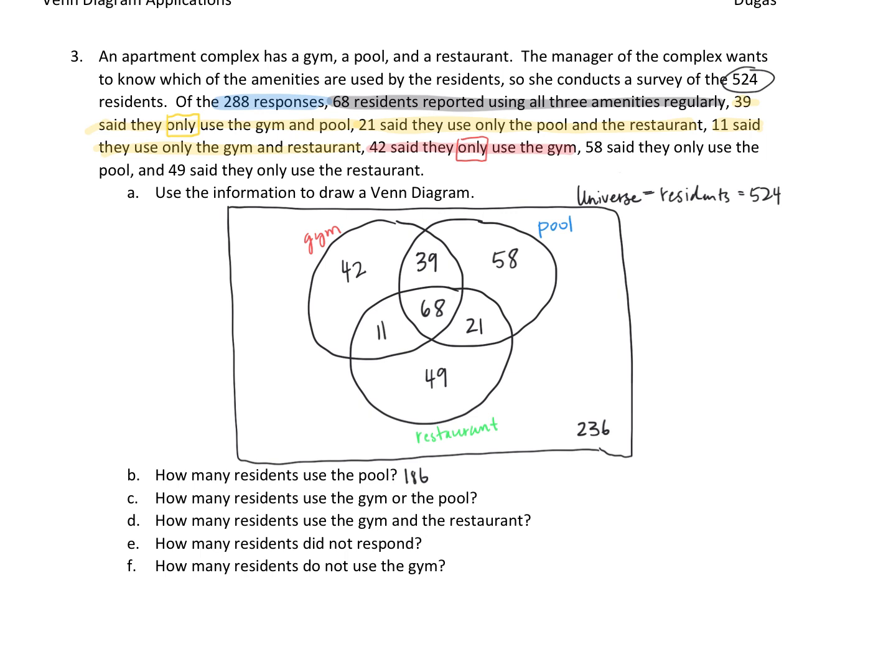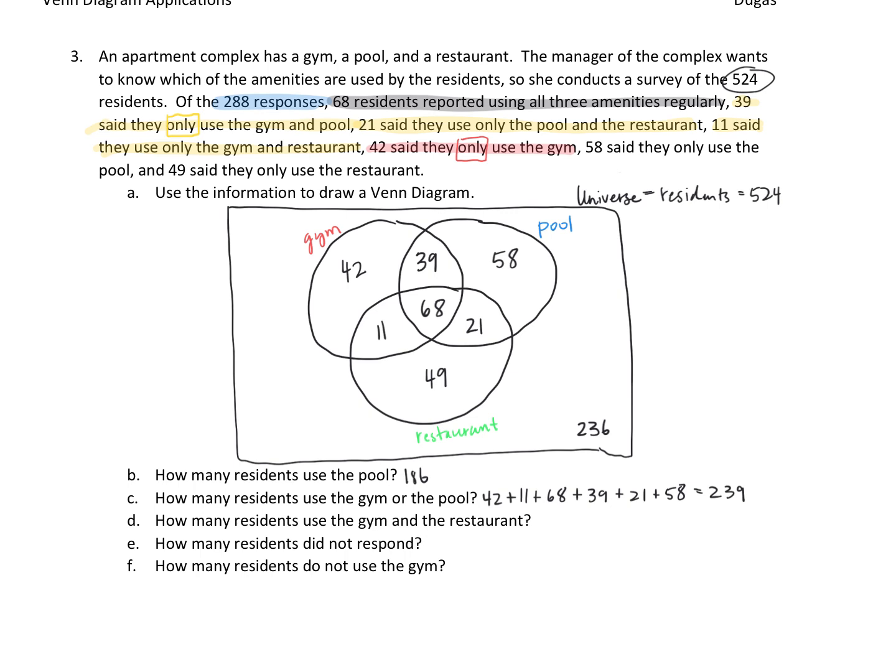The or is a union, so we're including all the numbers that appear in either of those circles. So we're going to add up all those numbers. Okay, so let's add them all up. We've got 42 plus 11 plus 68 plus 39 plus 21 plus 58. So when I added those up, I got 239. So 239 of the respondents use either the gym or the pool.